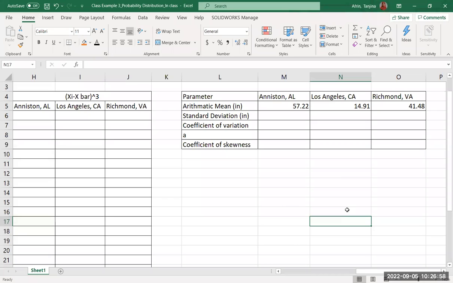Okay, good. Now, the next step is we will find out the standard deviation, right? So the equation, if I write that down, okay, let's find this.